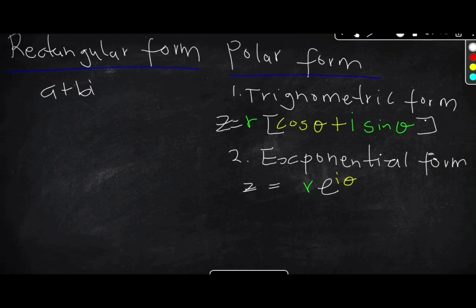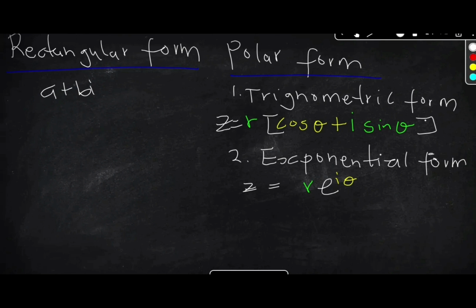Before you can convert a complex number from rectangular form to polar form, the first thing you should do is compute the radius and the argument. The only thing you need in converting from rectangular to polar is getting your radius and your angle.